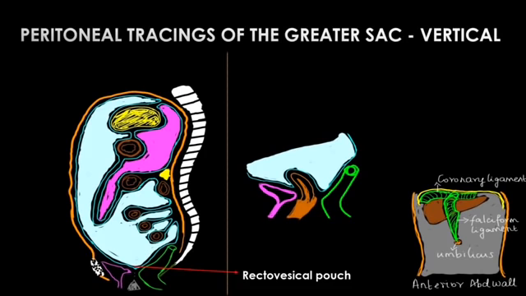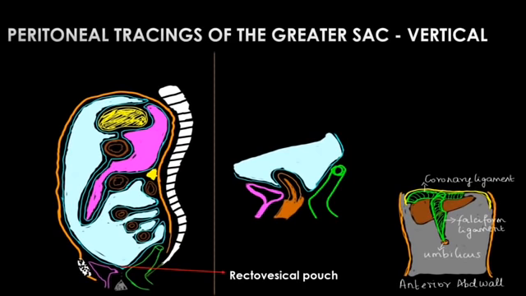So the parietal peritoneum covering the anterior surface of the rectum dips downwards and then covers the posterior surface and the upper part of the anterior surface of the uterus. Then it goes and covers the superior surface of the urinary bladder and then passes forwards to become fused to the parietal peritoneum of the lower abdominal wall.